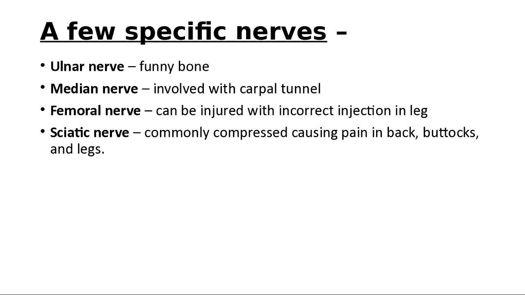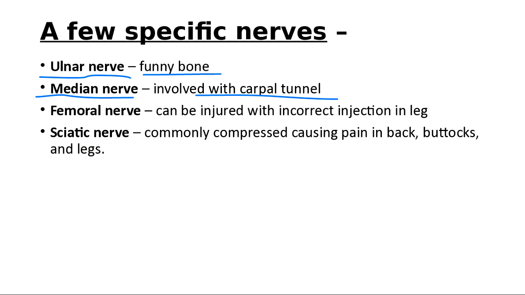A few specific nerves, and there's a whole lot more than that. The ulnar nerve is the one we think of as the funny bone, and your pinky finger and your ring finger will tingle when you hit that ulnar nerve. Median nerve controls the other three fingers, and it's involved with carpal tunnel syndrome.